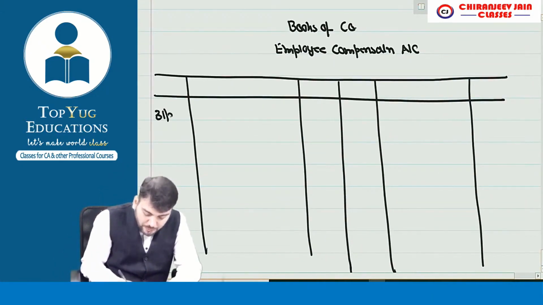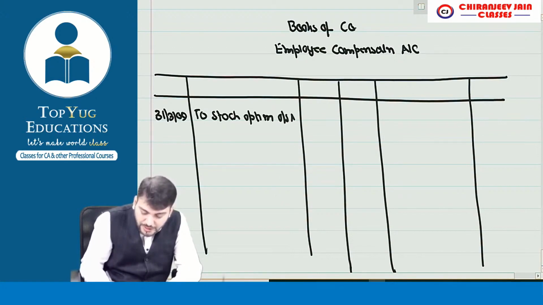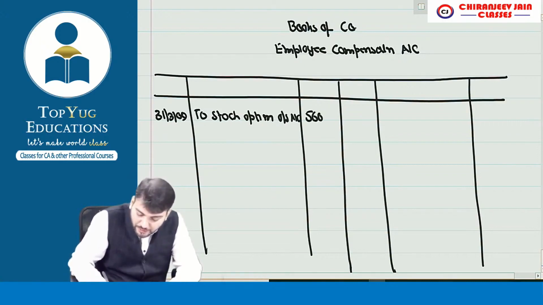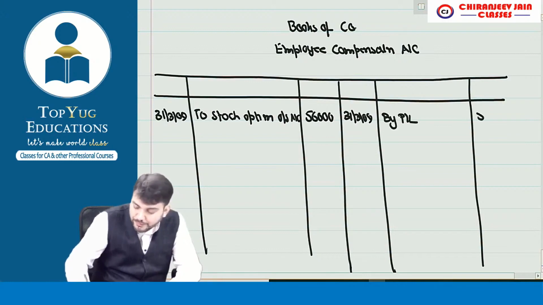So on 31st March 2009, we write down to stock option outstanding account. Correct? How much? 56,000. And this will be transferred to what, PL? By PL 56,000.